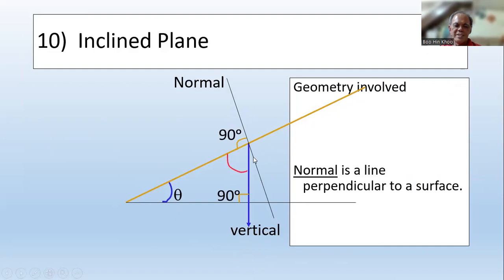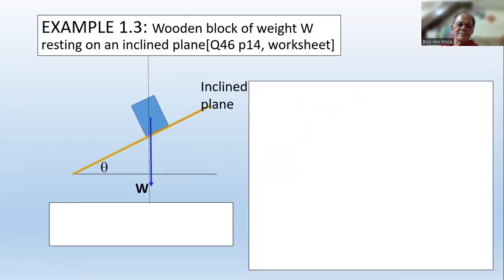So this is also 90. So this must be 90 minus theta. This is a right angle triangle. These two add up to 90. So this must be theta. Memorize it or know how to derive it.